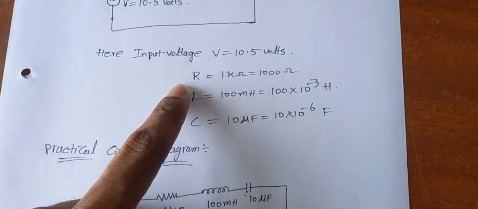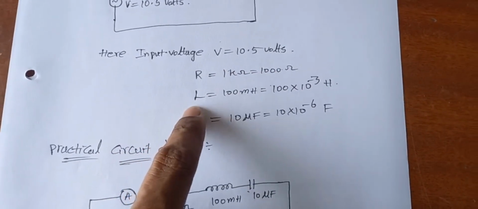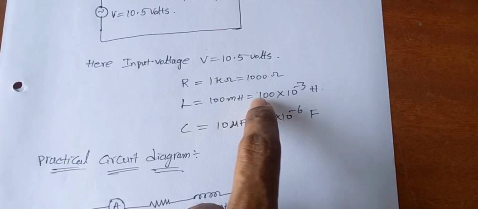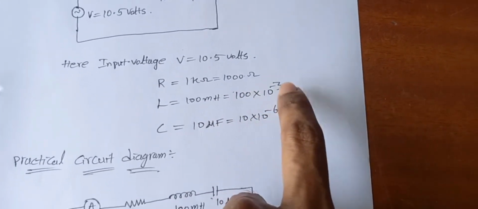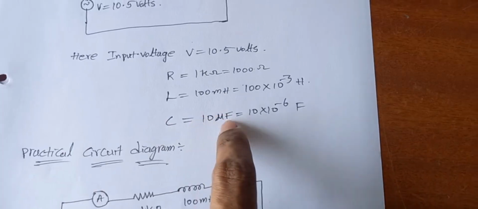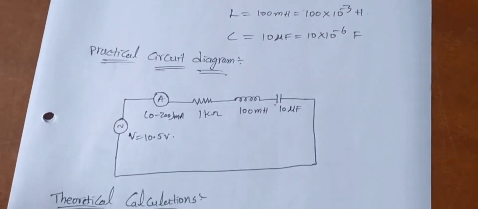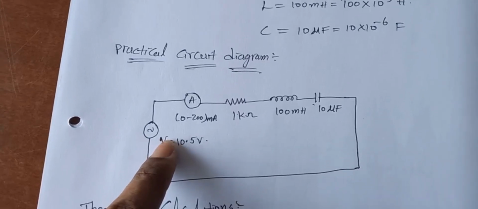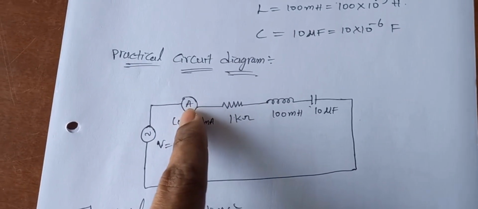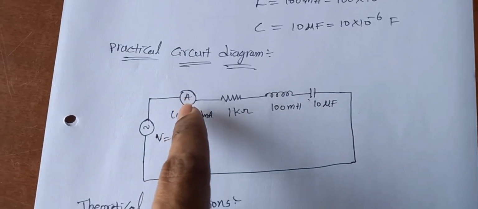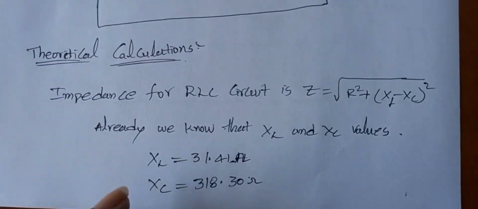So we are taking R equal to 1 kilo ohms, that is 1000 ohms, and L equal to 100 millihenries, that is 100 into 10 to the power minus 3, and capacitance 10 microfarads, converting micro into 10 to the power minus 6 farads. And this one is a practical diagram. The same as in the 2 combinations, we take 1 ammeter in series in the 3 combination also, and theoretically we are calculating here.